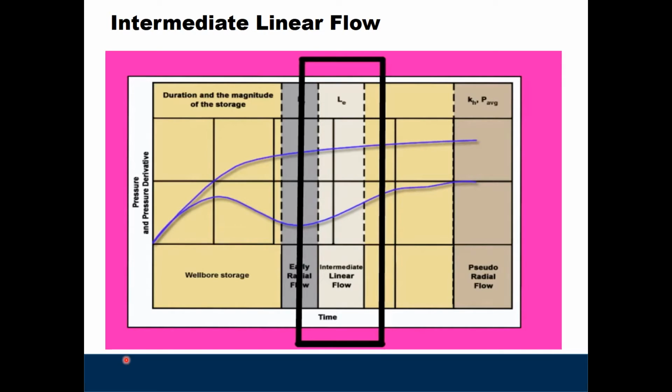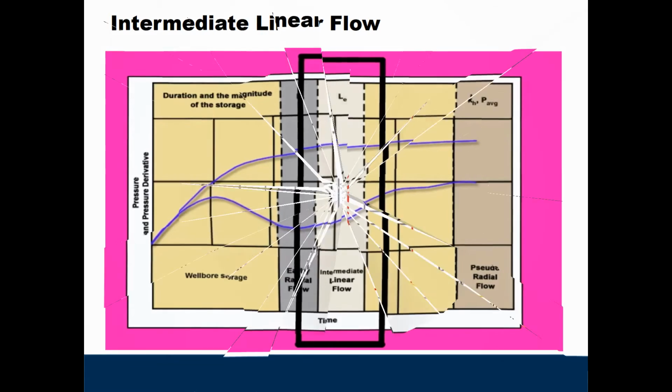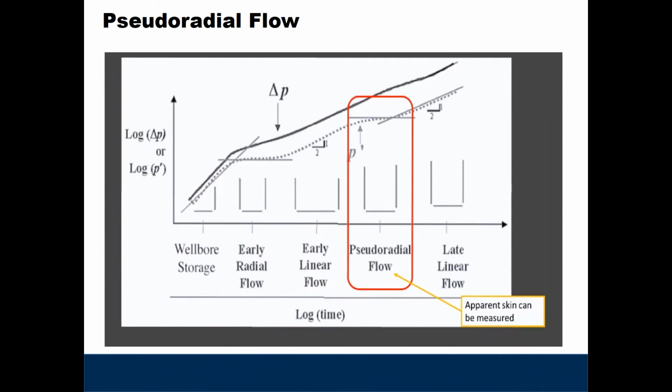Last but not least, we have the pseudo-radial flow directly after this linear flow. This is another stabilization of pressure, but this time it is higher than the earlier radial flow because it is not masked by the wellbore storage effect.